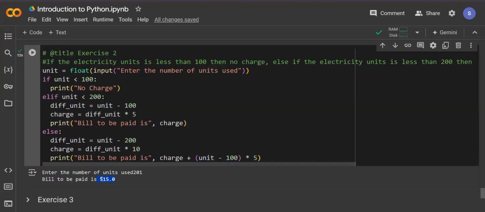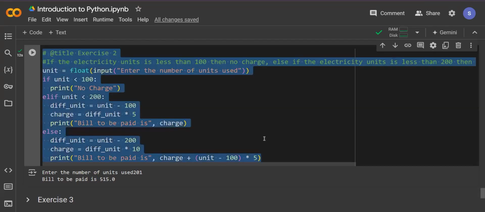I hope everyone got this, what we are doing here. Any doubts? Yes, Anirudh, very good, Anirudh. Perfect. So I hope everyone understood how to do this. If you have any doubts, you can ask me right away. I'll be pasting this particular code in the chat box. Okay, please go through it.